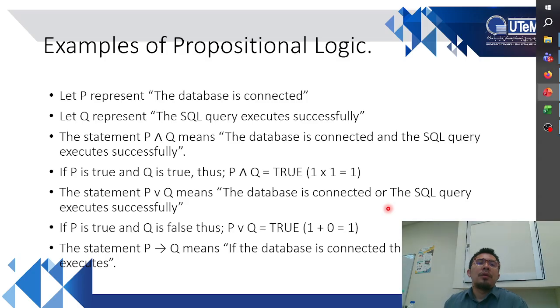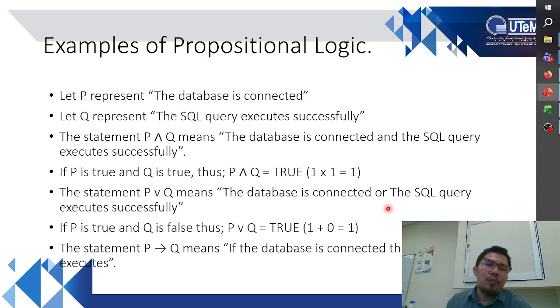The statement P or Q means the database is connected or the SQL query executes successfully. Let's say P is true and Q is false. That means the answer is true, because OR stands for plus: 1 plus 0 equals 1.